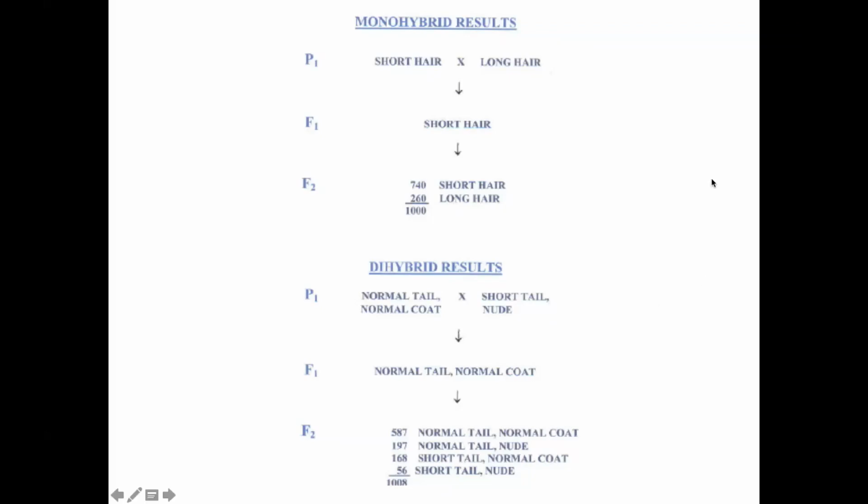I said that they were developing the mouse as a model system. Here they had a pure breeding short-haired strain of the mouse and another pure breeding long-haired strain of the mouse. They wanted to determine the underlying genetic basis for that particular trait, hair length. So what do you do? You take the two pure breeding parents and you hybridize them.